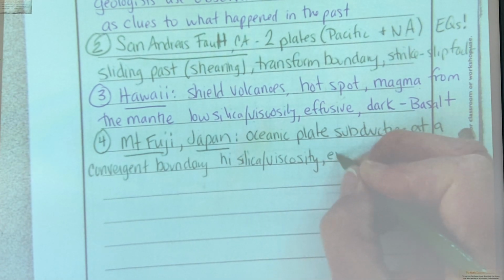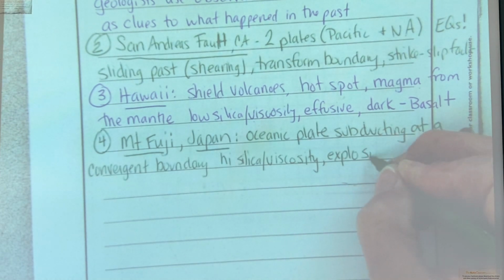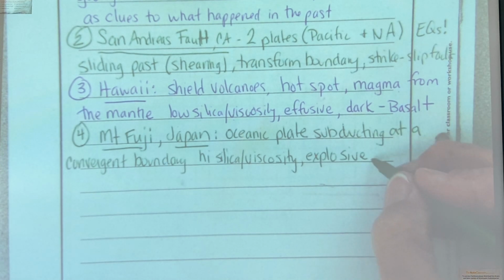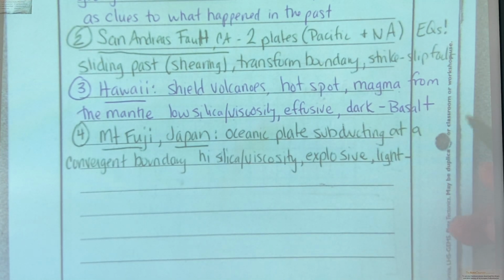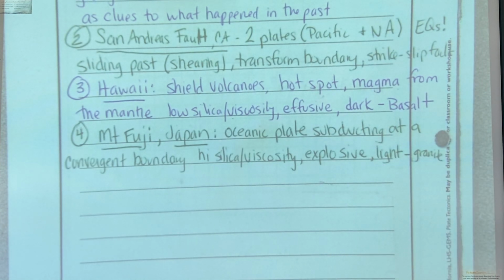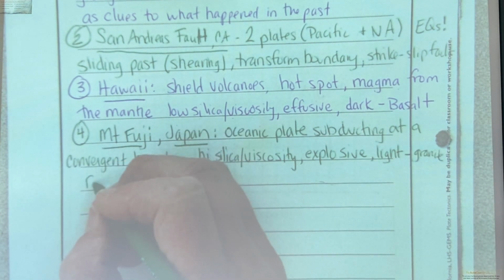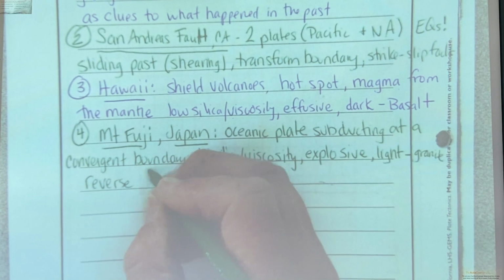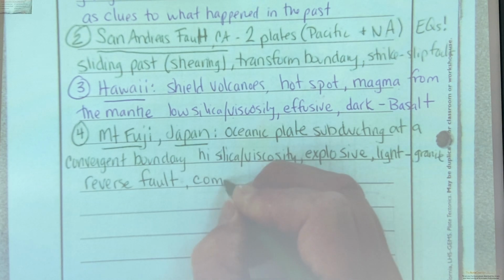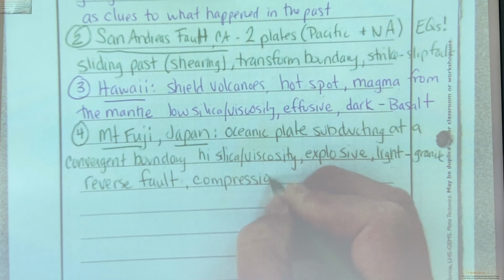It is explosive because that high viscosity creates that magma plug like we did with our test tubes. And it's very light in color because of all the silica and quartz. So we see granite. It is a reverse fault. And we see compression being the force acting on it.